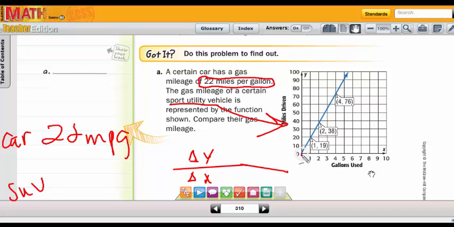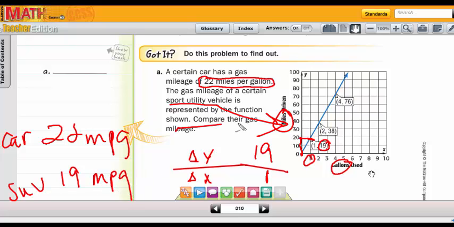So if we start here at 0, we rise, looks like 20, but if we look at the actual point here, we can see that we rise 19, the change in y is 19, and the change in x, we run from here to here, going this direction, and if we read the scale, that's 1. So our slope is 19 over 1, and it's 19 miles per gallon. So we can put here, we have 19 mpg.